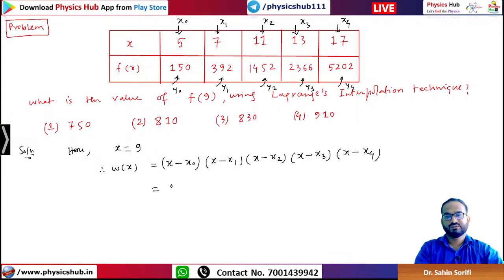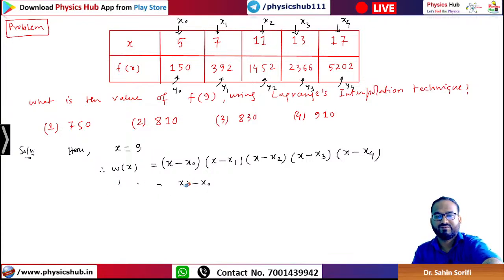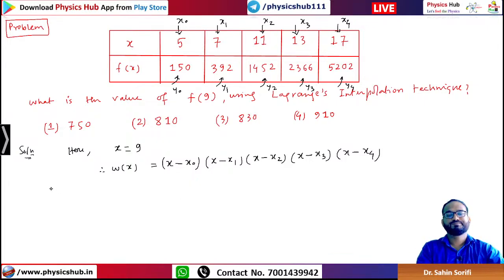So this is equal to 9 minus 5, okay, let's keep it like this. w prime of xi is equal to xi minus x0. Acha, there is no point in expanding this because we are given finite values, right? So let's apply the formula.